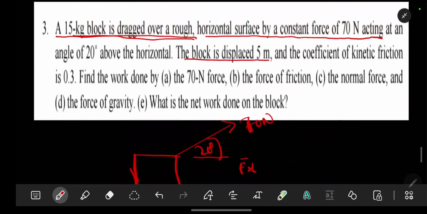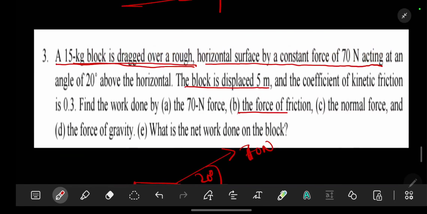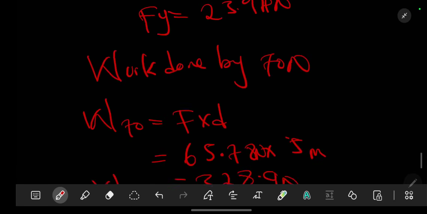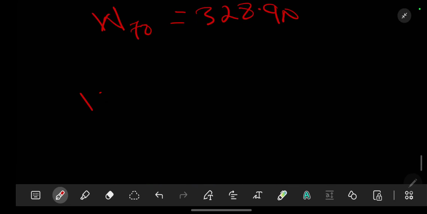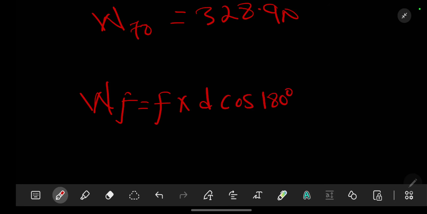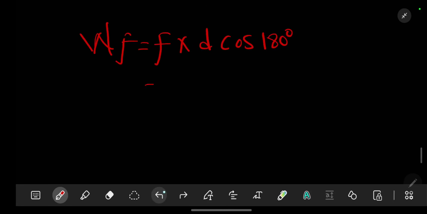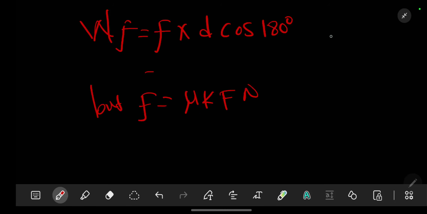The next question was the force of friction. So the work done by friction should be equal to the frictional force times the distance times the cosine of 180 degrees. The frictional force is equal to the coefficient of kinetic friction times the normal force.